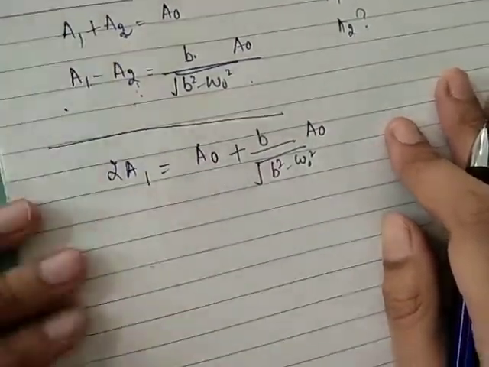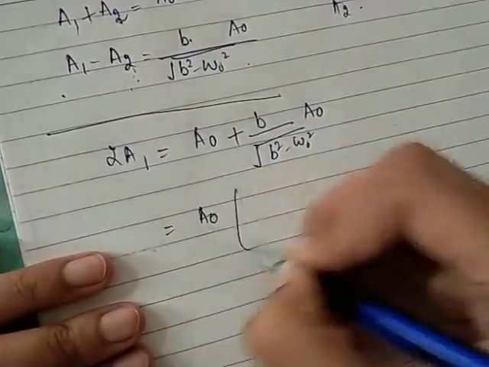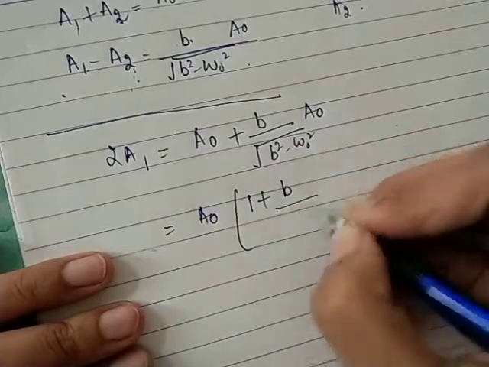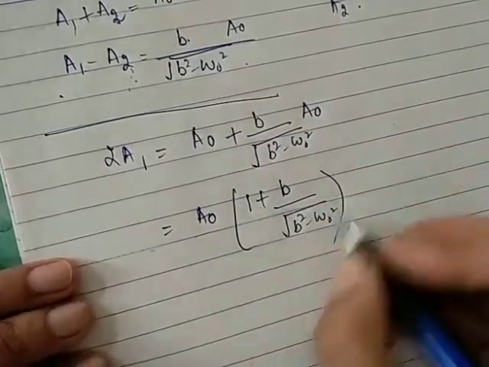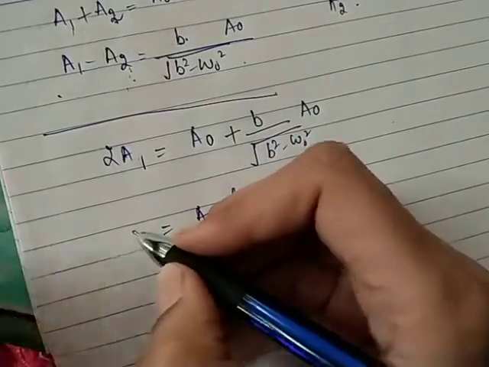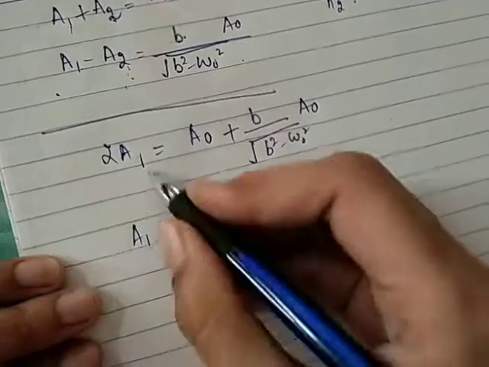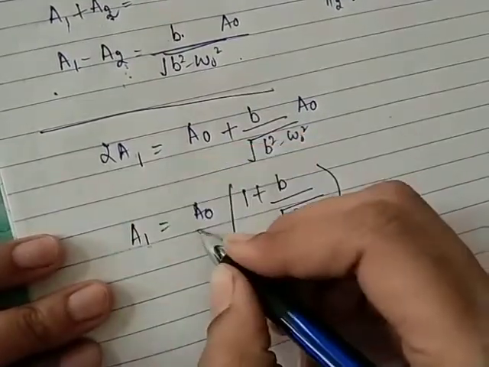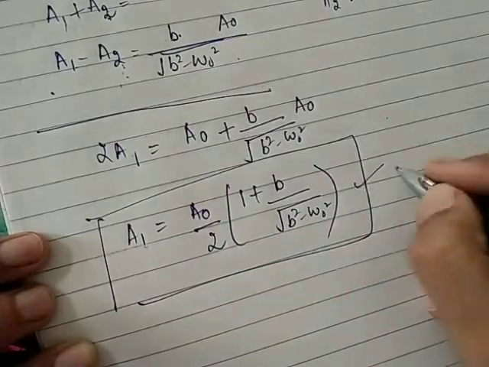So I would have a naught times 1 plus b upon under root b square minus omega naught square, like this. Here I would write a1, and 2 would be divided here. So this is the equation for a1.